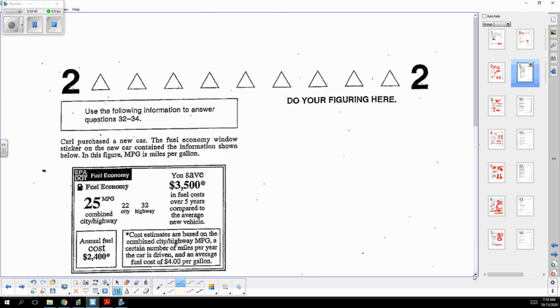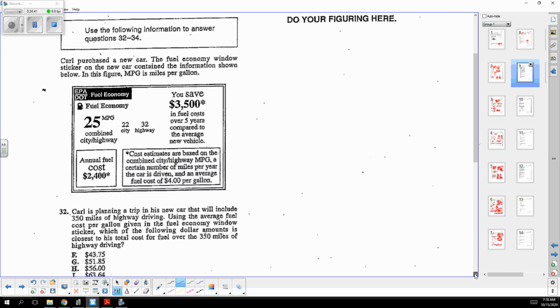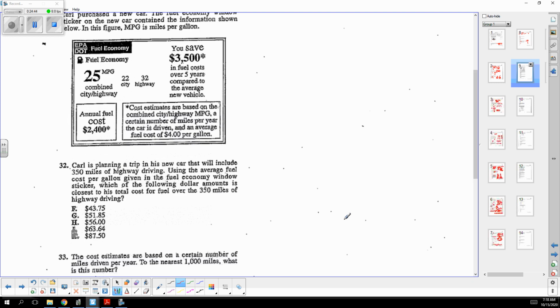This one with gas is easier for people who pay for their gas and do it more often. Fuel economy, 350 miles of highway driving.